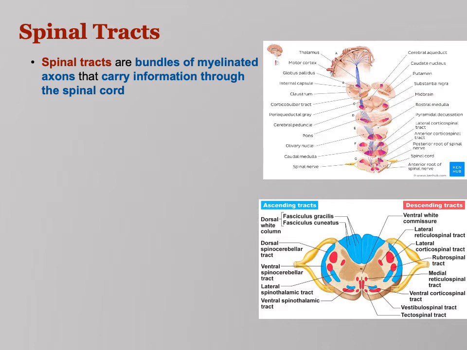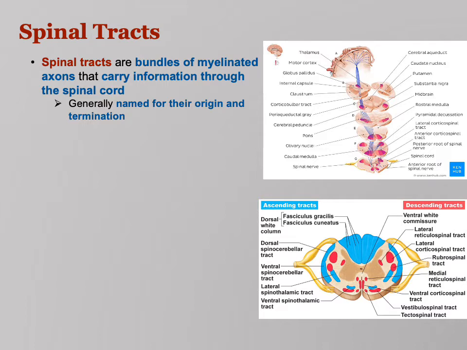So the spinal tracts are bundles of myelinated axons that carry information through the spinal cord, generally named for their origin and their termination, and that's a big key here. Look at the name, and that often tells you where it starts from and where it ends. Look at the diagram in the lower right. You can see the dorsal spinocerebellar tract on the left side.